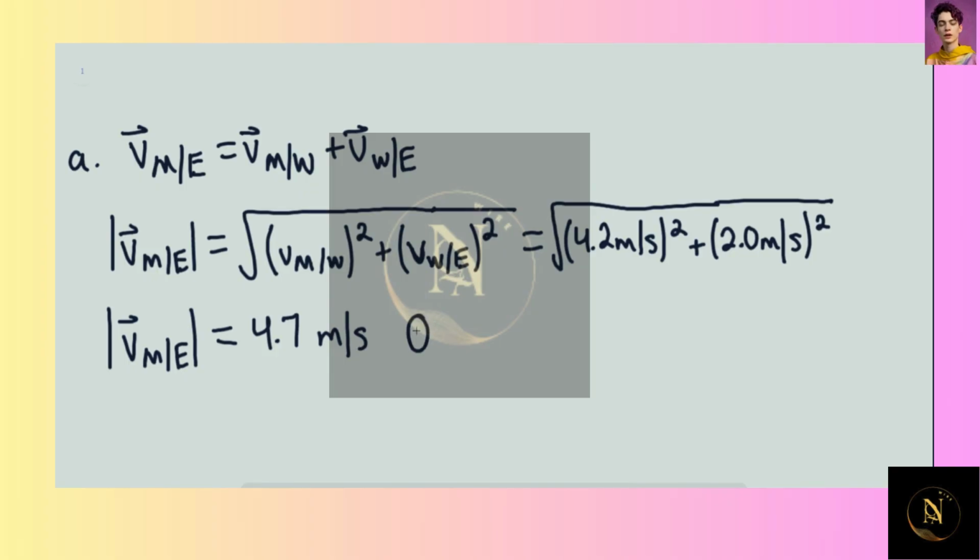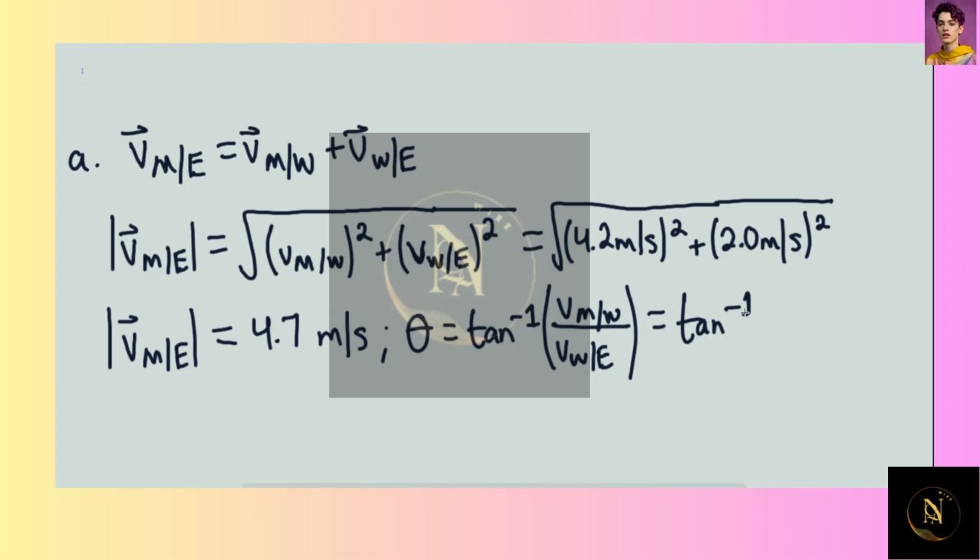We can then say that the angle of the direction would be arctan of the velocity of the man relative to the water divided by the velocity of the water relative to the earth. This would be equal to arctan of 4.2 divided by 2.0.